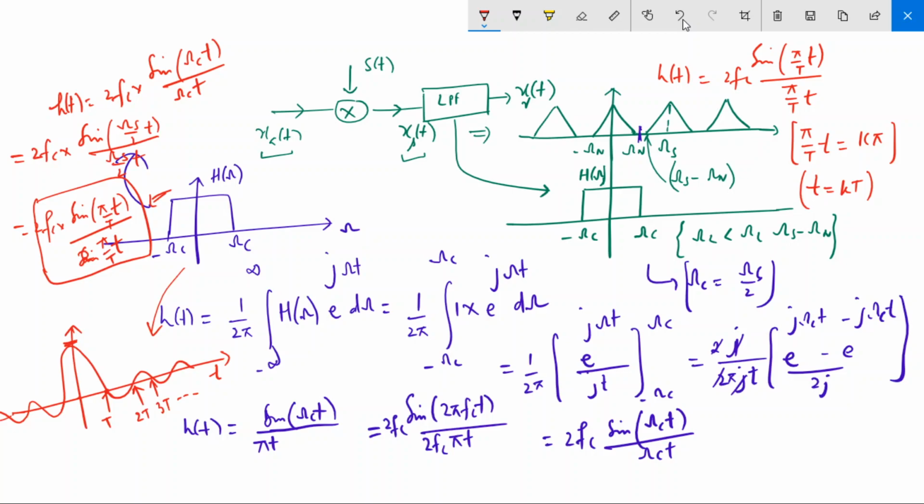Okay, now what will happen when you pass this signal through this filter? In the frequency domain it is very clear, you have multiplication. In time you now have the convolution. So this x of s(t), which is a sampled discrete sequence, will be convolved with this; these two are going to be convolved.